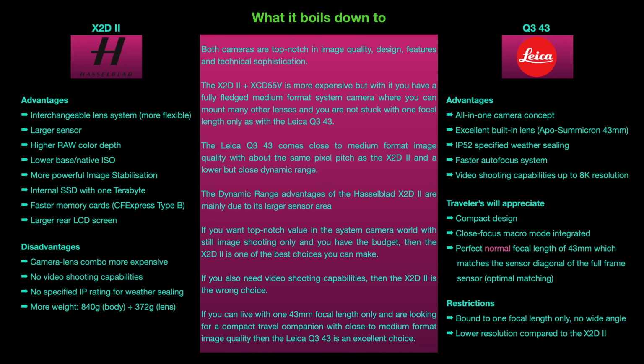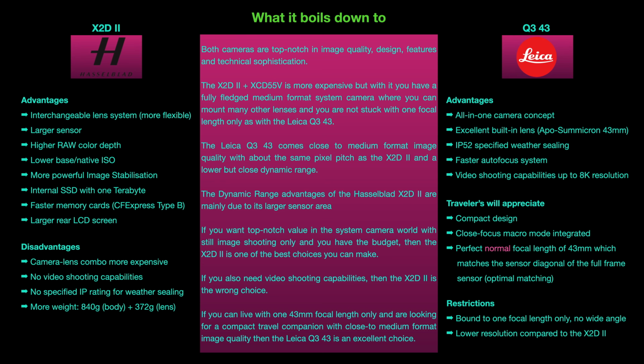The Hasselblad camera lens combination is more expensive, but you also get a fully fledged medium format system camera where you can mount many other lenses and you're not stuck with one focal length only, which is 43mm on the Leica Q3 43. The Q3 43 comes close to medium format image quality with about the same pixel pitch as the X2D Mark II and a lower but close dynamic range. And you saw the curves, they were not that much apart from each other.